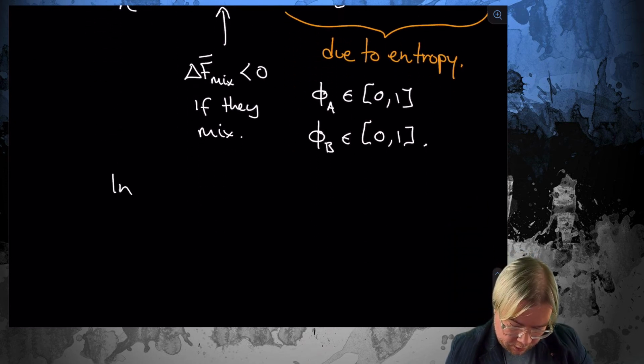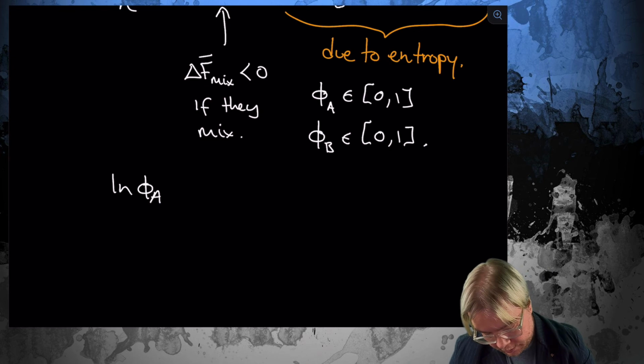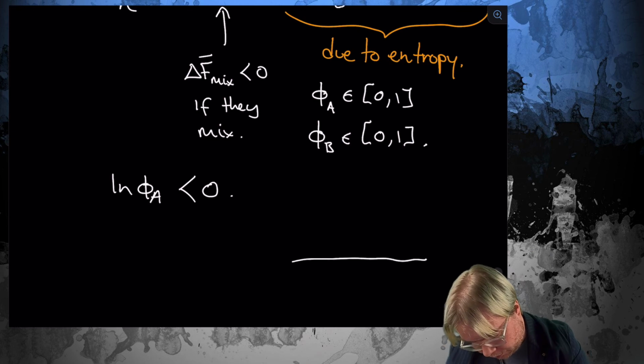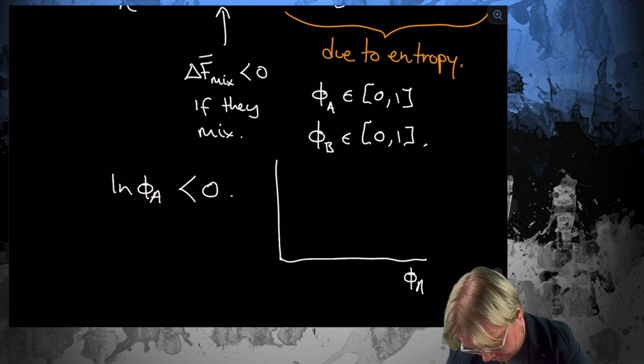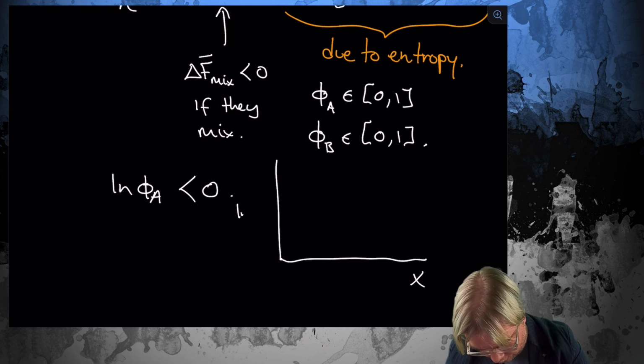Okay, what is the log of phi A going to be? Well, if phi A is between 0 and 1, the logarithm is negative. Right? So if I was to plot the natural logarithm, let's call this x, and this is log of x, and this is 0.